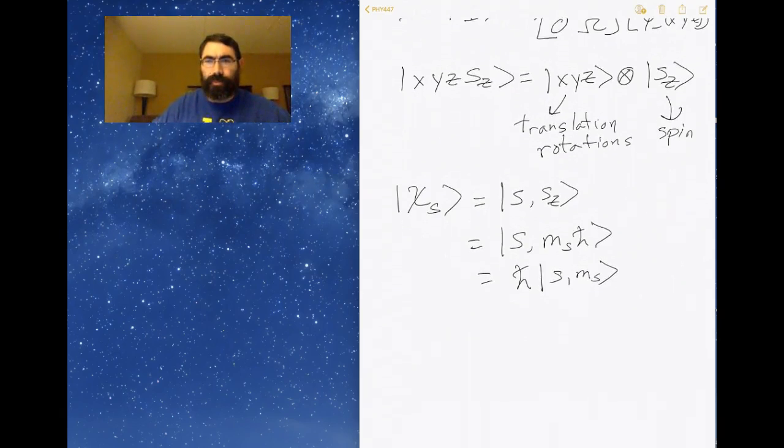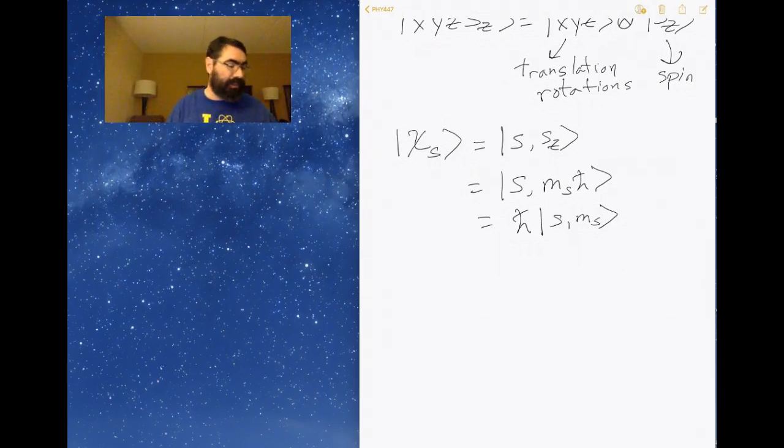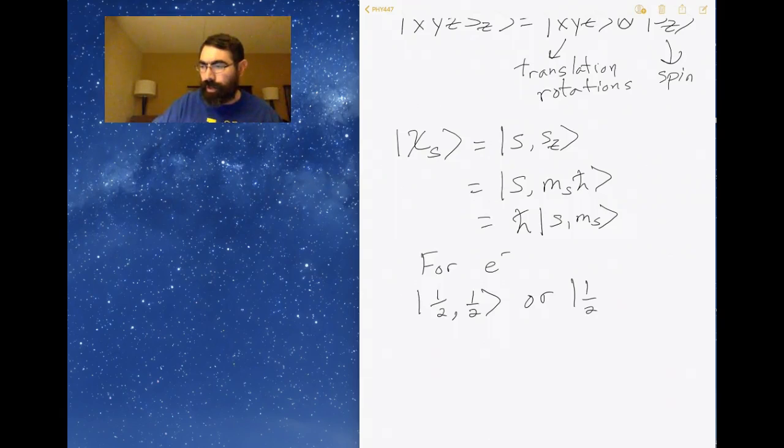So now we can write our states in a spin basis where, say for the electron, which is a fermion that only has 2 spin projections, spin up and spin down, I can write this basis as either total spin of 1/2 and a projection of positive 1/2, or a total spin of 1/2 and a projection of minus 1/2. So spin up, spin down, projections.